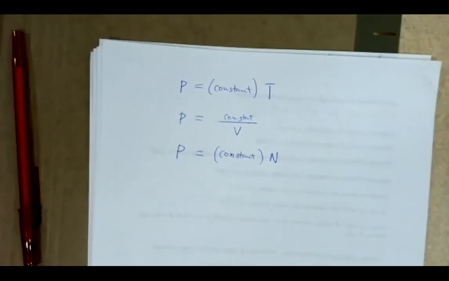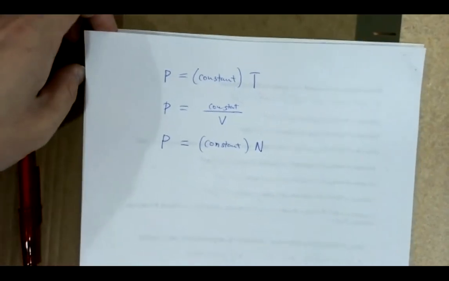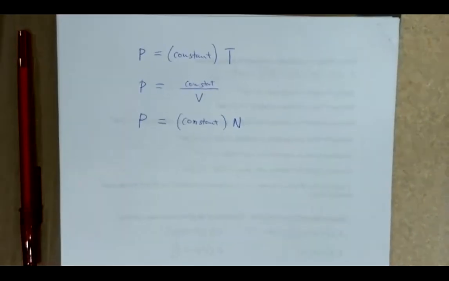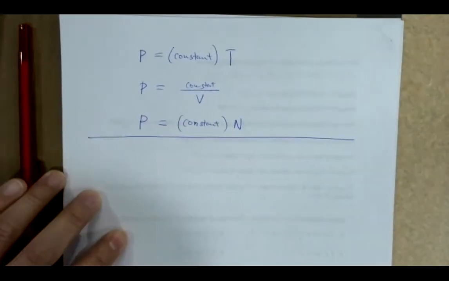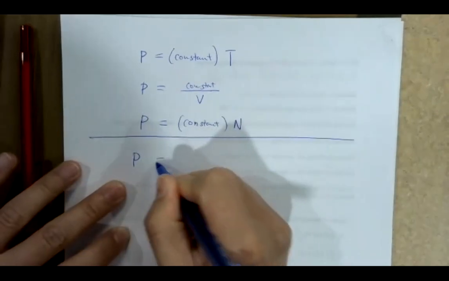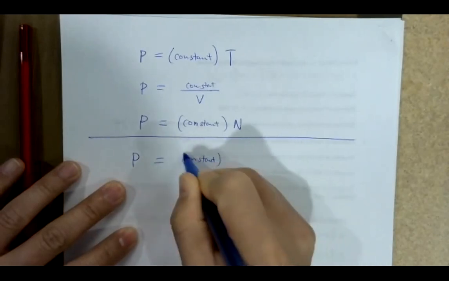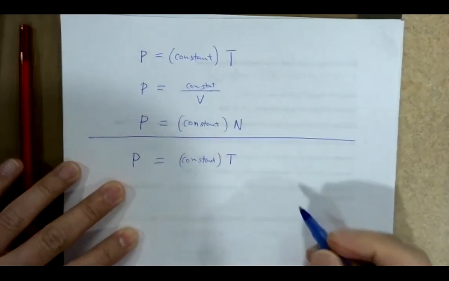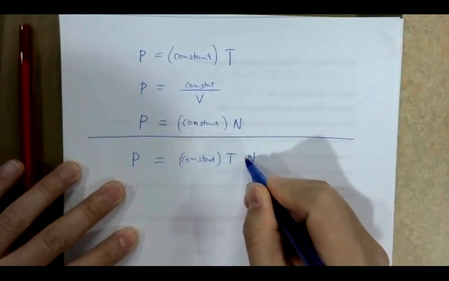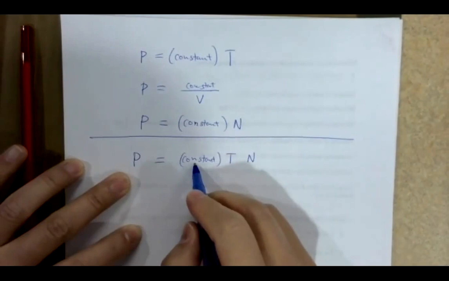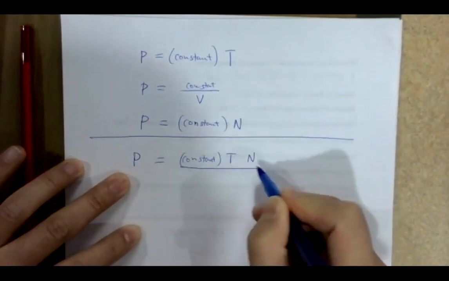So we have these three relationships between any two of the parameters we use to describe the ideal gas. You can see that pressure is proportional to temperature, and it's also proportional to the number of gas molecules, but inversely proportional to the volume.